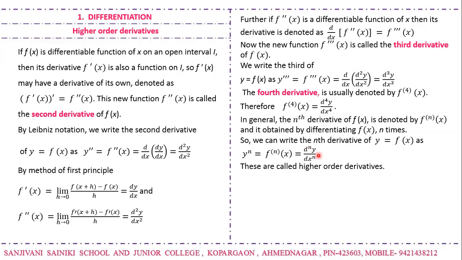This is called the nth derivative. Sometimes the derivatives are also denoted by y1, y2, y3, y4, yn. This shows the order of the derivative. Y3 means third order derivative, y2 means second order derivative, yn means nth order derivative. So this is the higher order derivative.